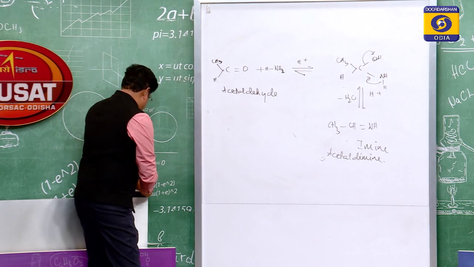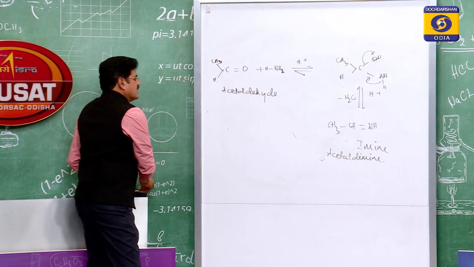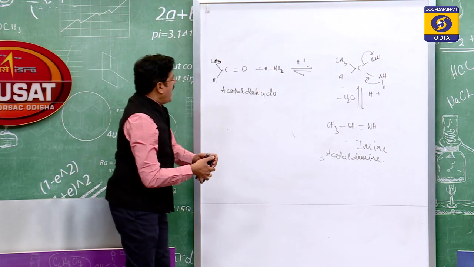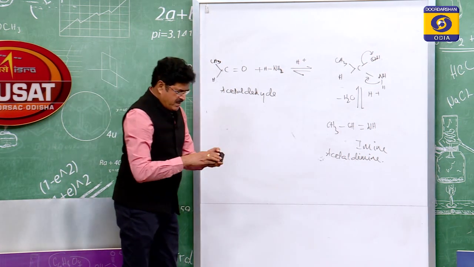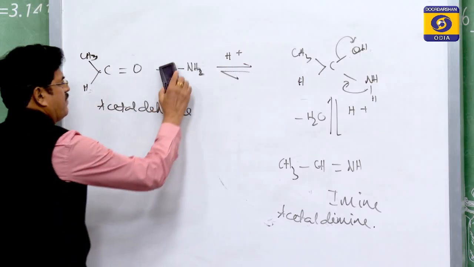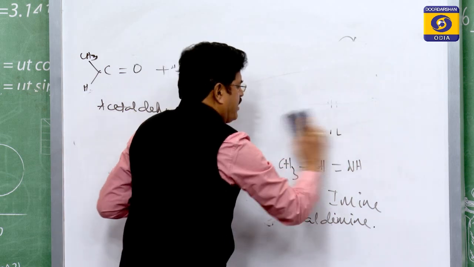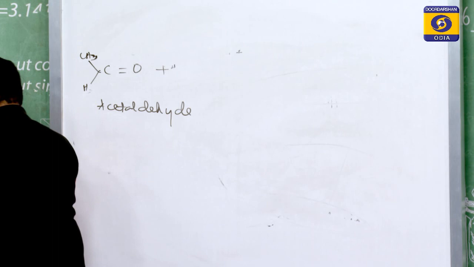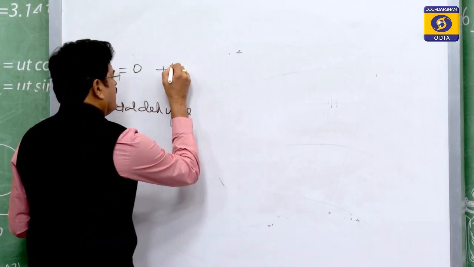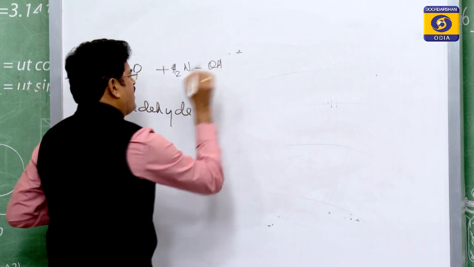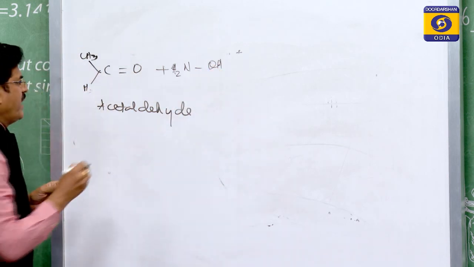Next reaction is the addition of hydroxylamine. The next derivative we are going to use is hydroxylamine. With hydroxylamine, the products are oximes. This is hydroxylamine.